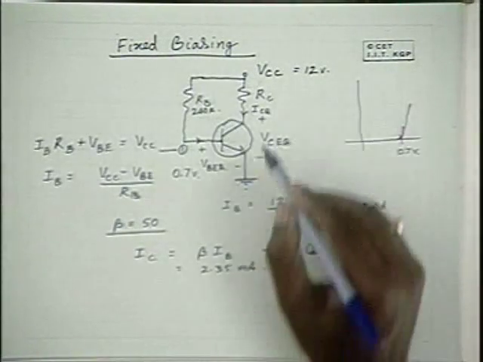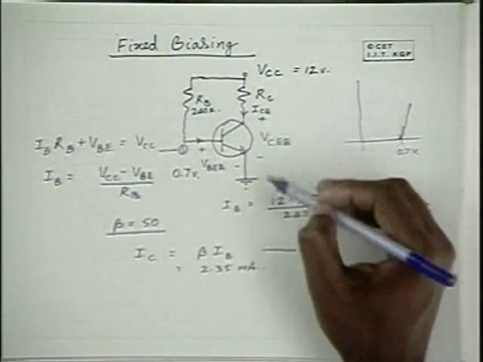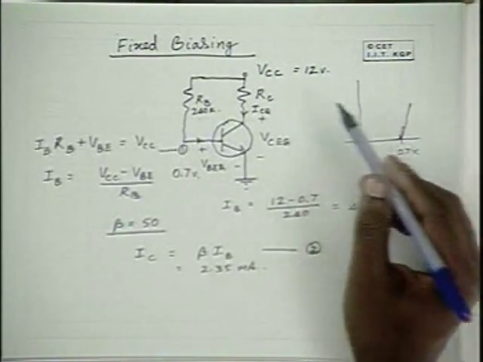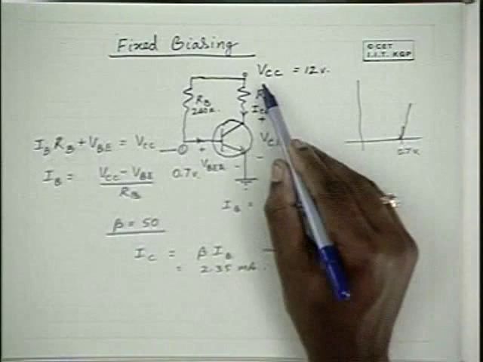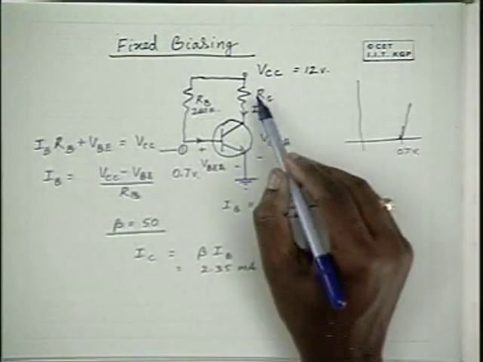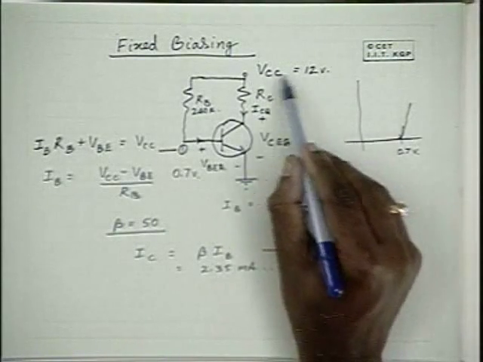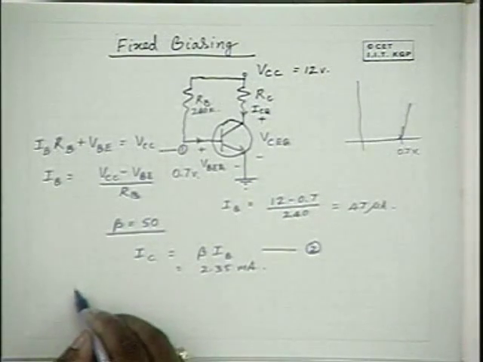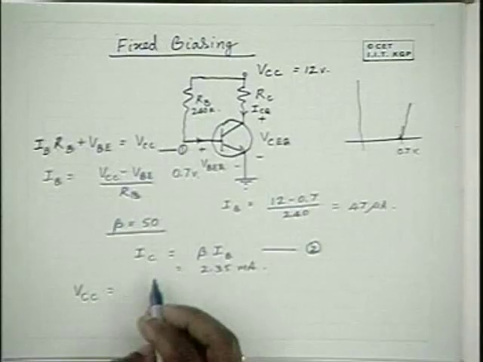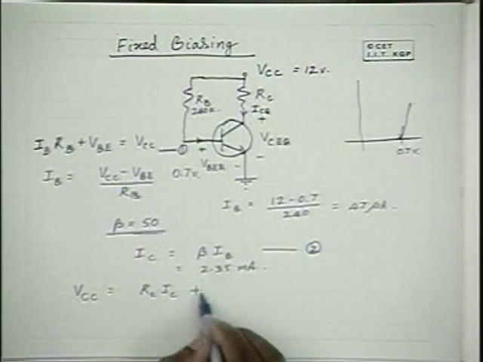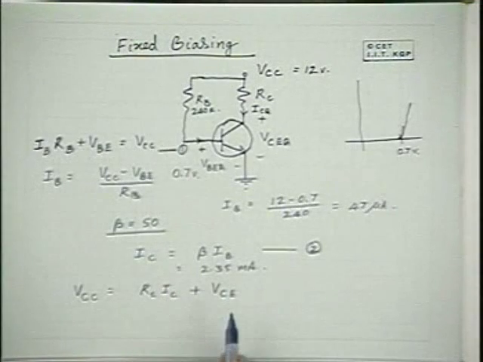Now let us look at the output side. At the output side, if you apply Kirchhoff's voltage law to this mesh, you will find that VCC is equal to RC IC plus VCE.